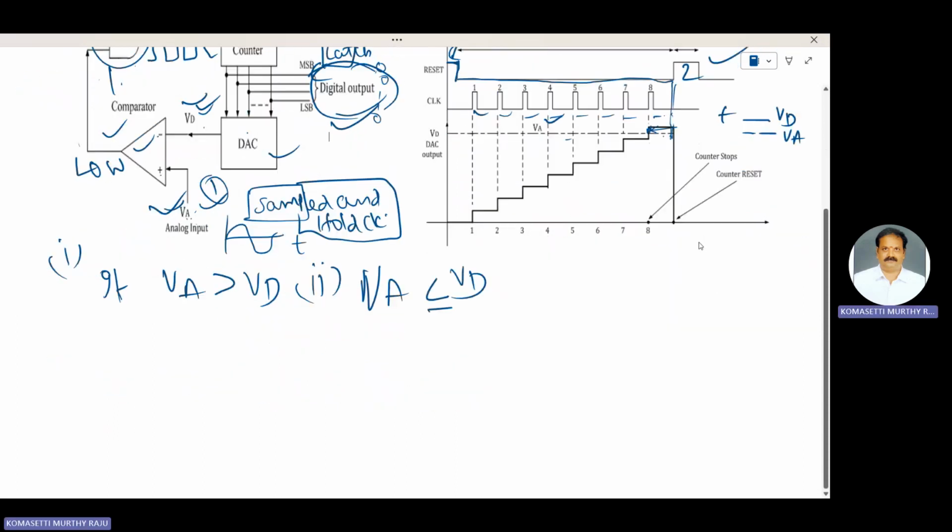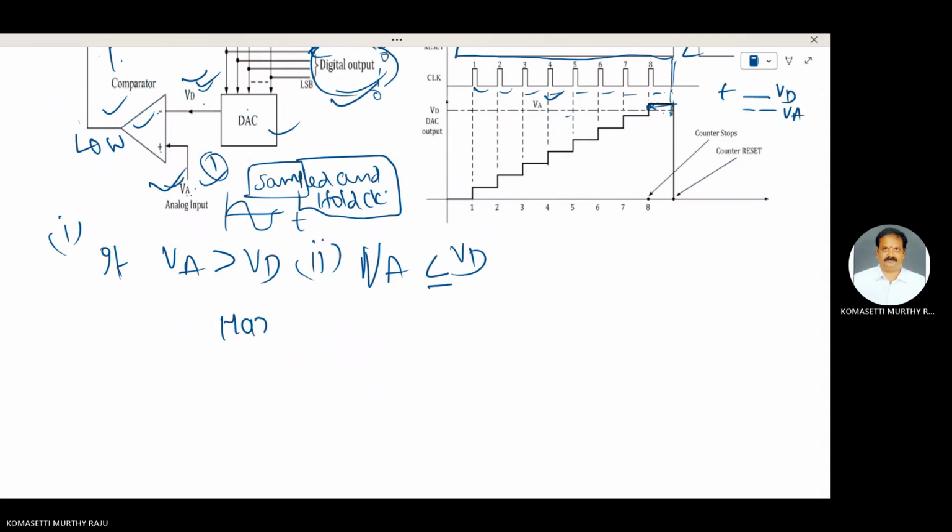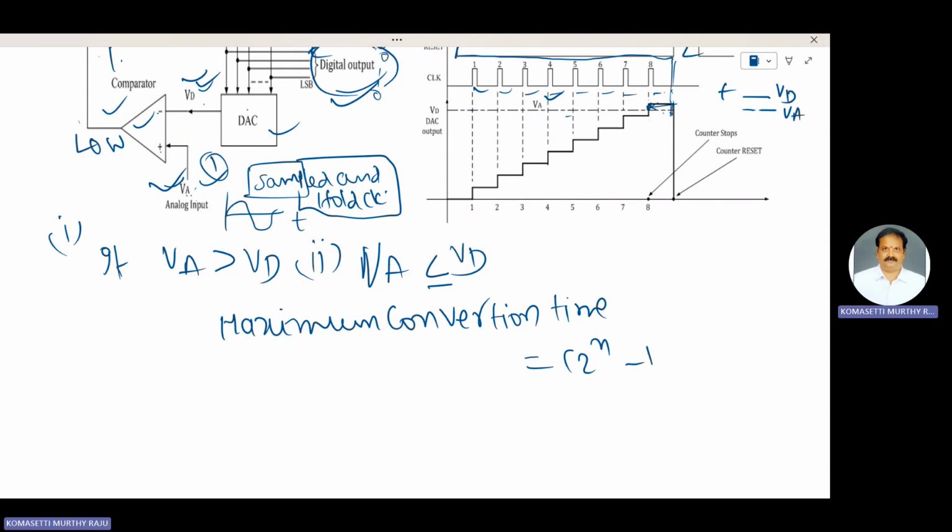Maximum conversion time is equal to (2 power n minus 1) times TC, where TC is called the clock time period and n is the number of bits.